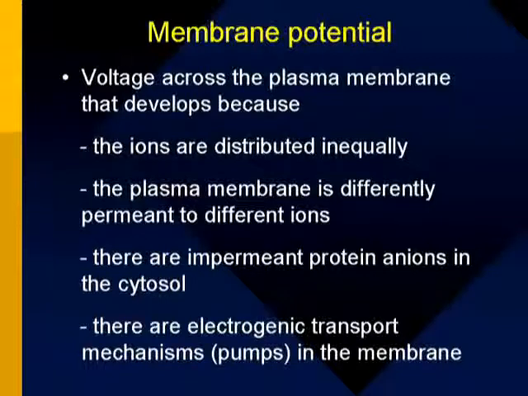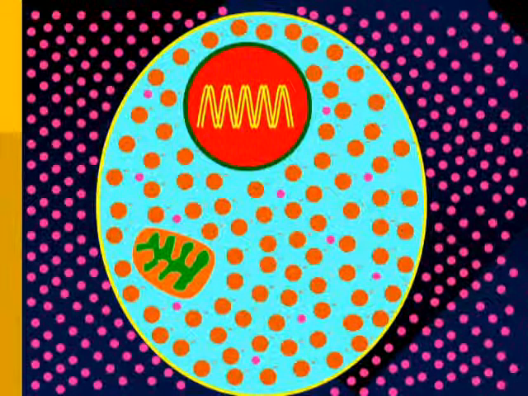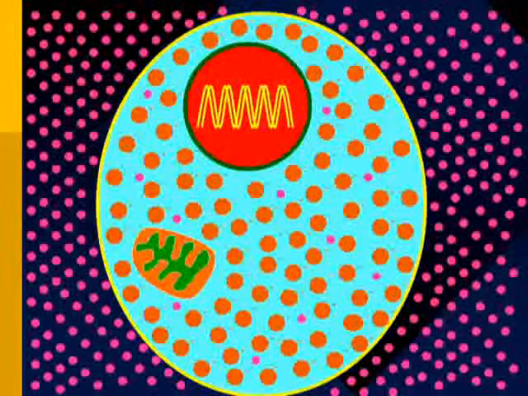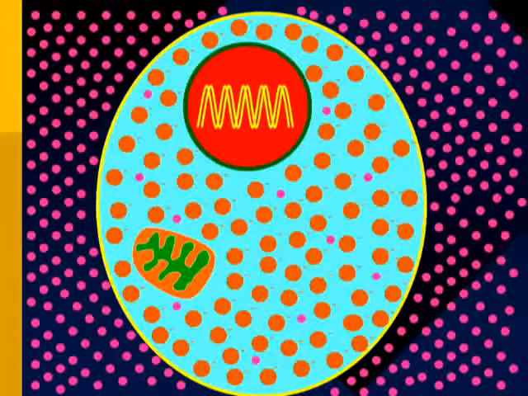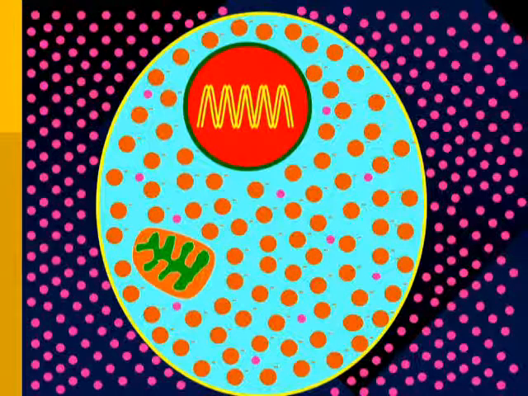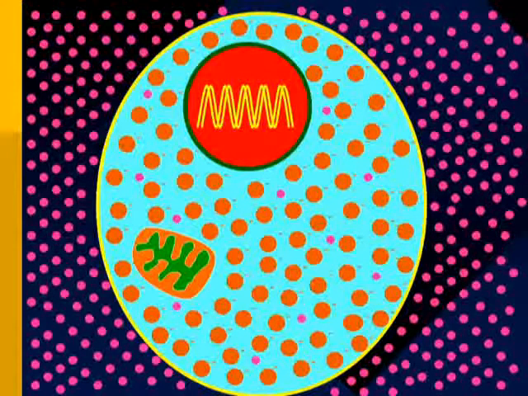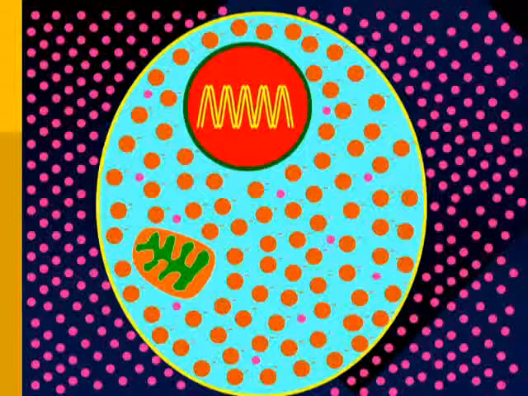For example, the animal cells can be schematically simplified with this model: they contain a relatively high concentration of negatively charged proteins in the cytoplasm, and this is roughly compensated in molar terms by sodium ions in the external medium.